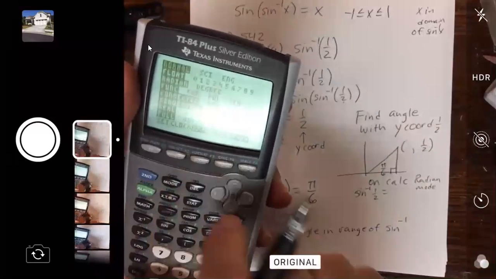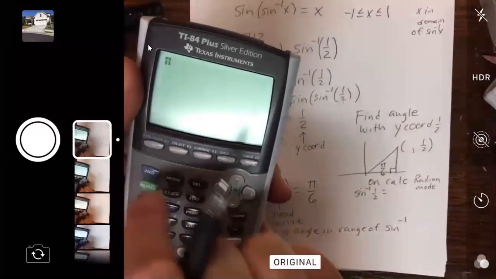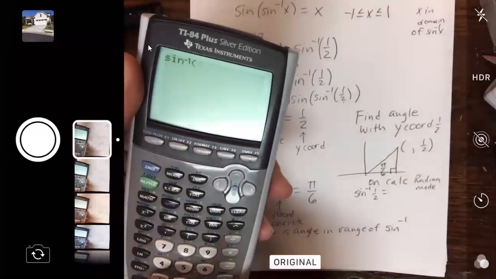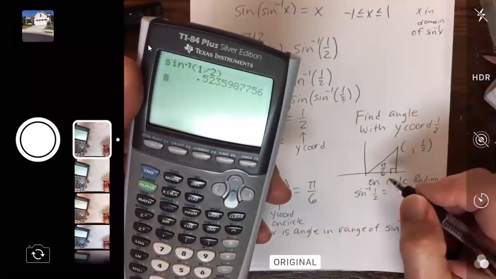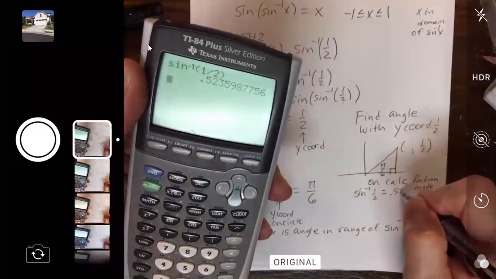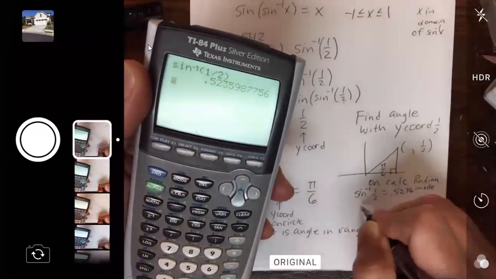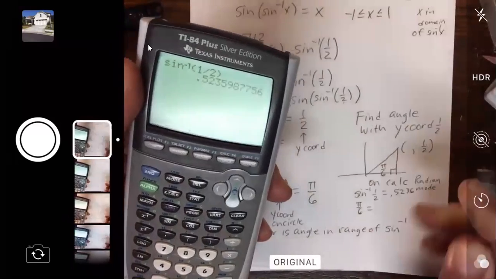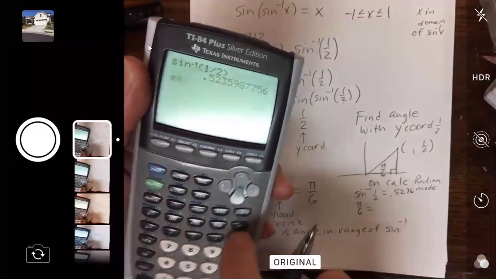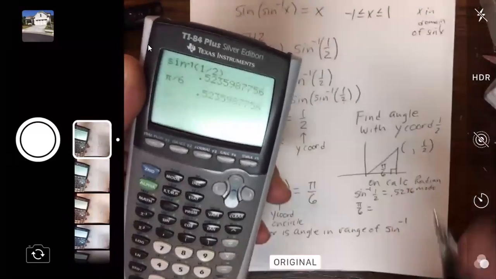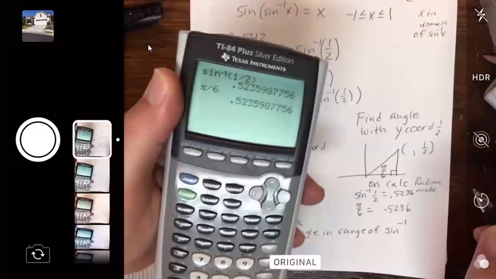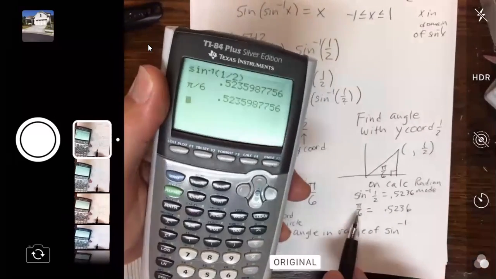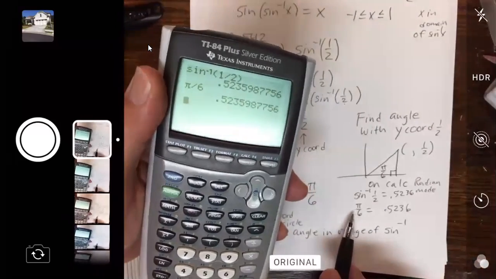I am. Arc sine of 1/2 is 0.5236. Pi over 6 is equal to the same thing. The calculator will give you the decimal and not the exact fraction.